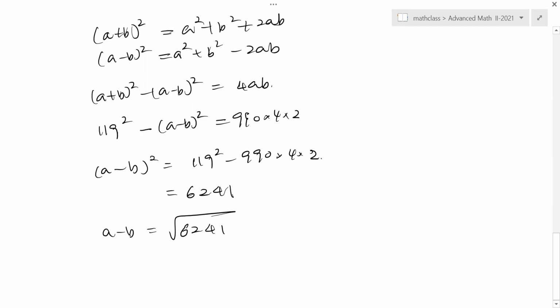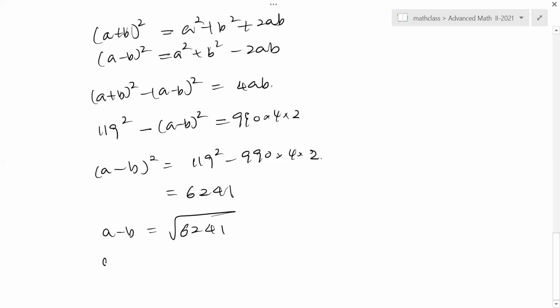Okay, so let's see what is 6,241. I don't know whether it's a perfect square. It's not easy to see.